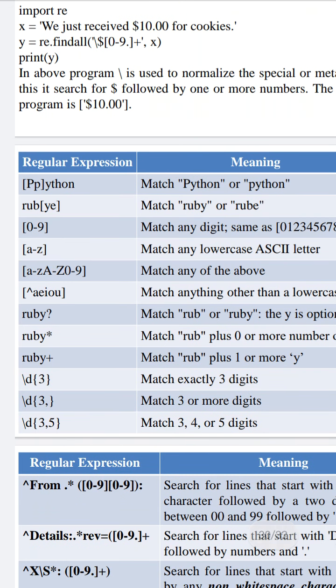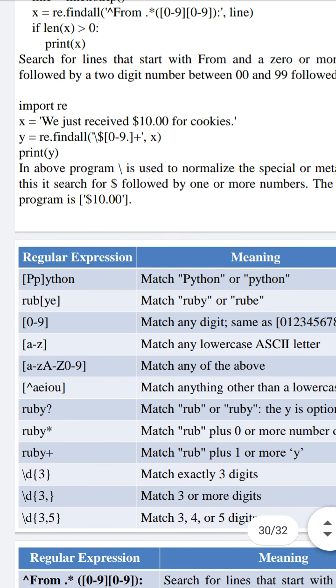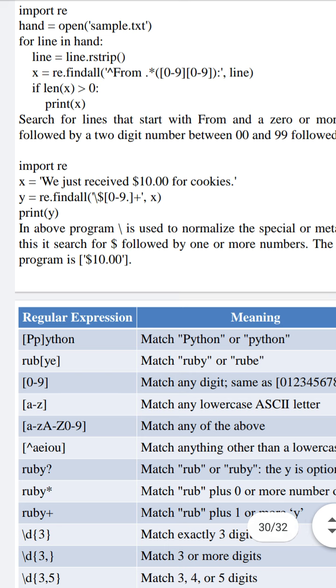Last example. Here, if you observe, we are reading sample.txt, we read each line, and after applying the rstrip function we removed the newline character.